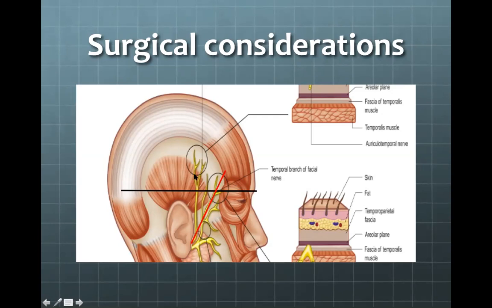So this is important during dissection surgery here. You should go deeper to the superficial temporal fascia. If you're above the line and you go down the line, you should go superficial to the SMAS to prevent injury to the nerve.